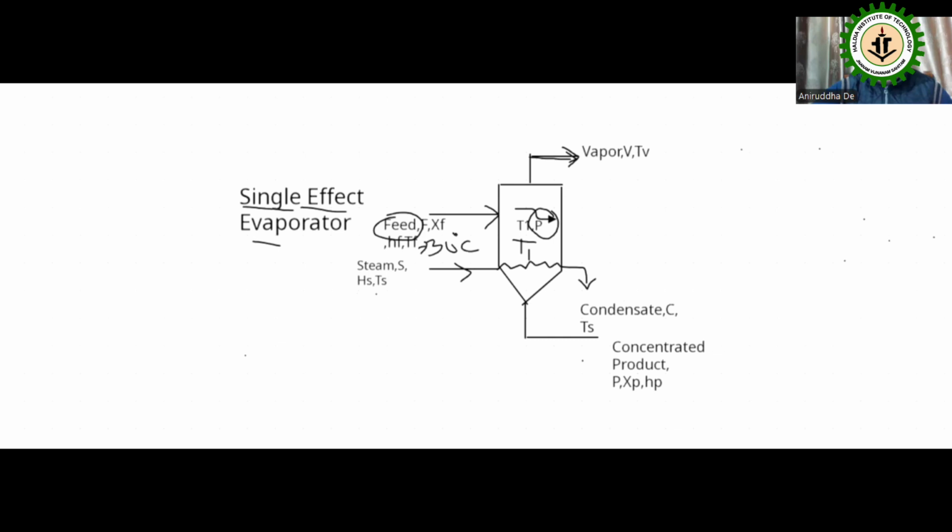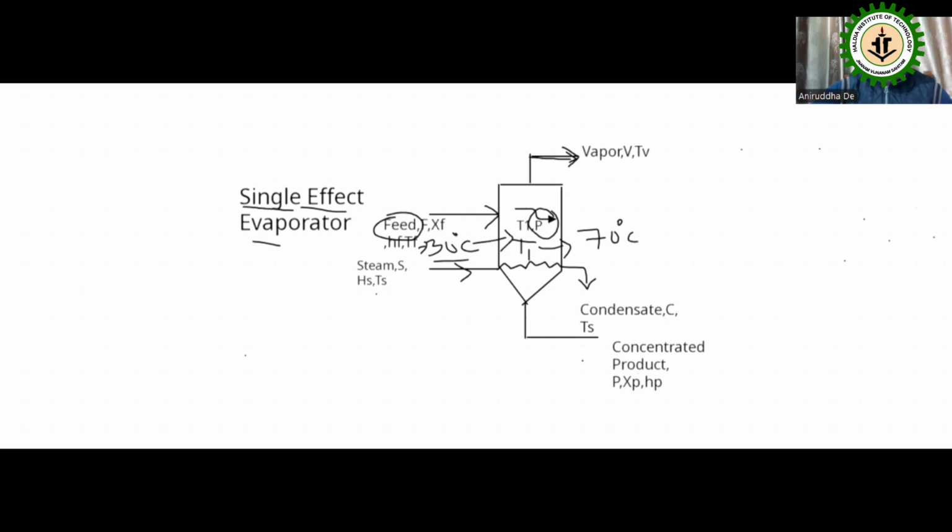Maximum steam will be required to bring the feed material to the boiling point, T1. Suppose T1 is 70 degrees centigrade. So a maximum amount of steam will be required to increase the temperature of the feed material from 30 to 70 degrees centigrade. Then it will boil.